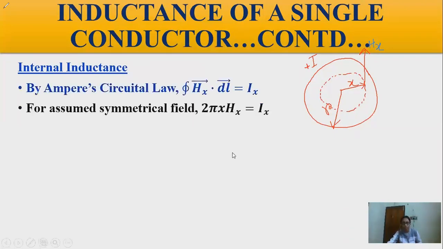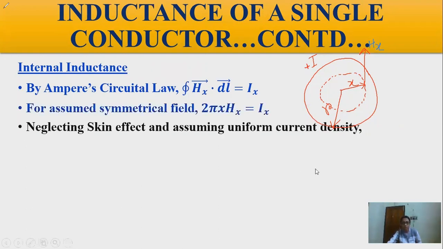We are assuming a symmetrical field, that is, Hx is constant at any point at distance x from the center of the conductor. Then by integrating, we can write 2 pi x into Hx equals Ix.